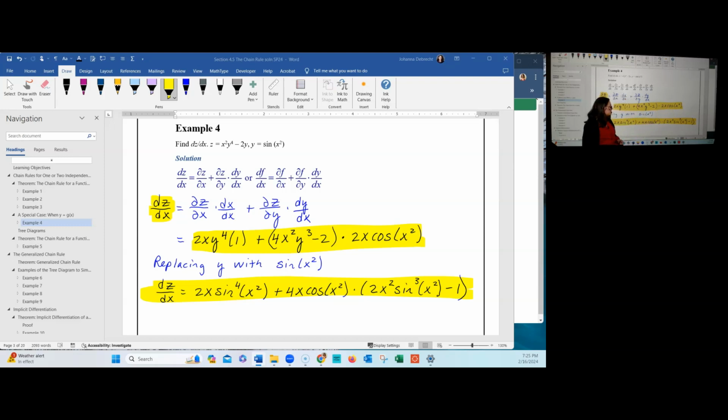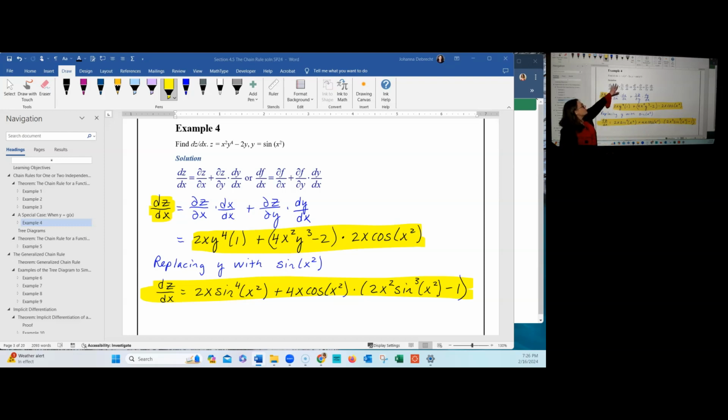In this case, note that there is a common factor of 2 in the first factor of the second term, and you could take that out. Then, if you want to write it all in terms of x, you can replace y with sine of x squared, getting the expression 2x sine to the fourth of x squared plus 4x cosine of x squared multiplied by 2x squared sine cubed of x squared minus 1.